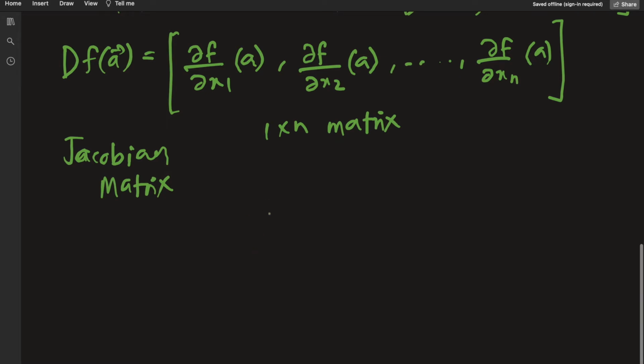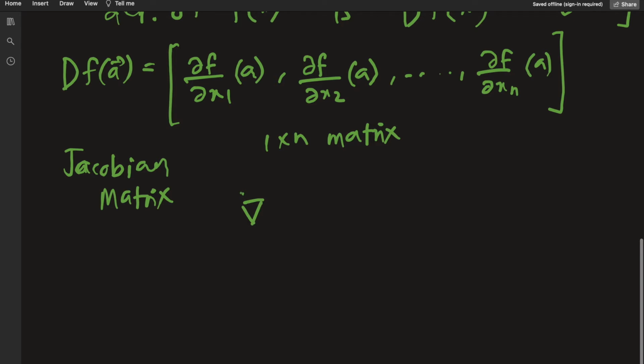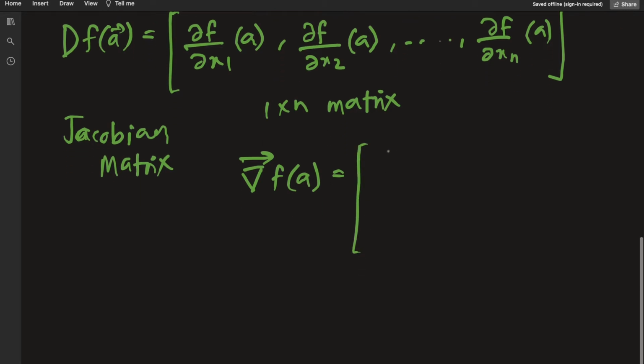Now we can also define a quantity called the gradient of f, say at a point A in this case. That's just this guy, the Jacobian, but you write it down as a column vector.